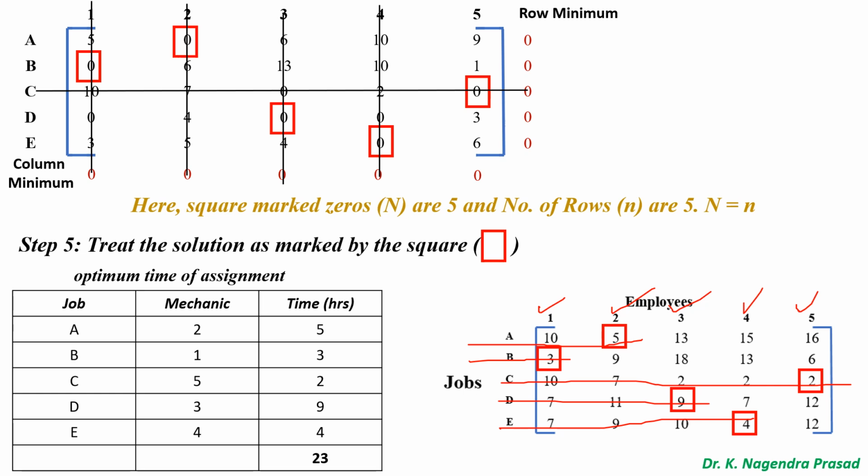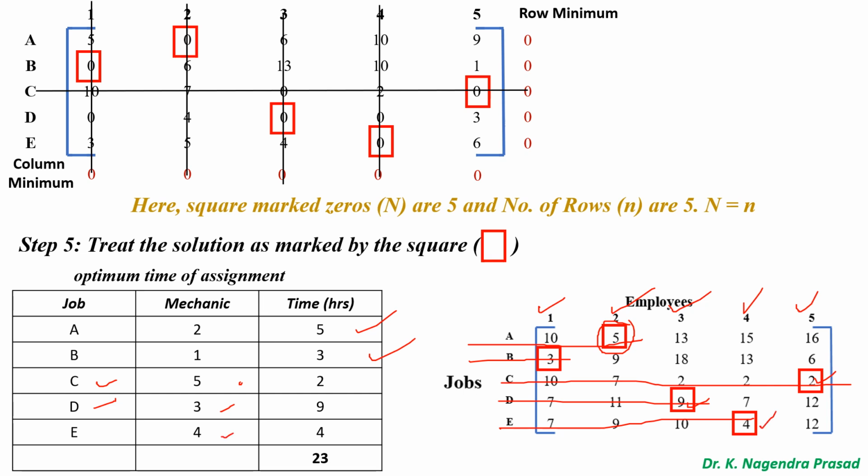And the time for job A and employee 2 is 5 hours, so write down the 5. Similarly for job B with employee 1, that is 3 hours, and for job C with employee 5 it is 2 hours, and job D with employee 3 is 9 hours, and job E with employee 4 is 4 hours.